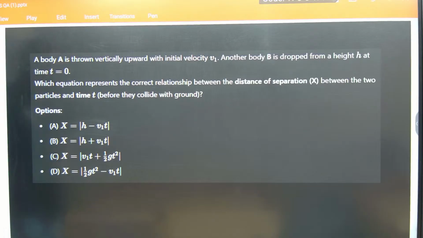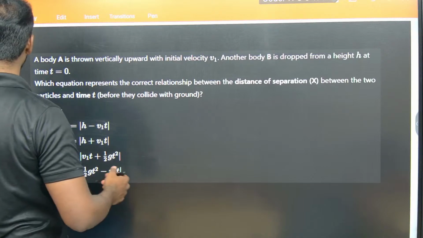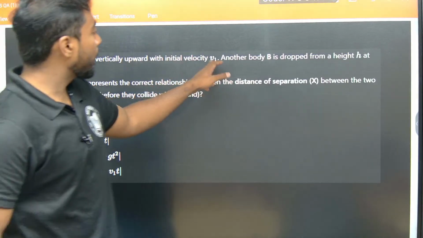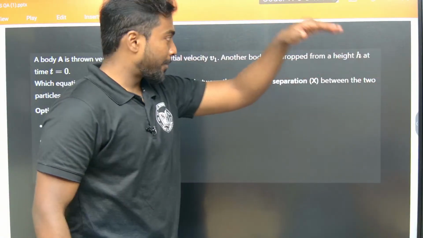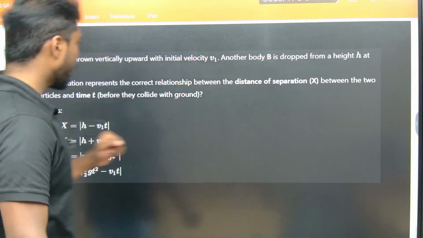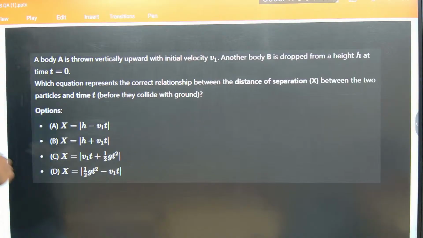For body A, they have thrown it with initial velocity v1. For body B, they have dropped it from a height h, right? So what should I do now?